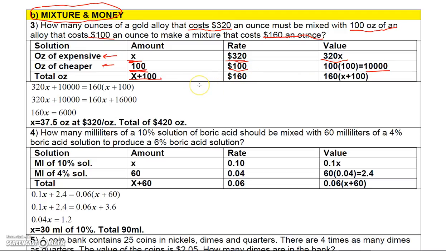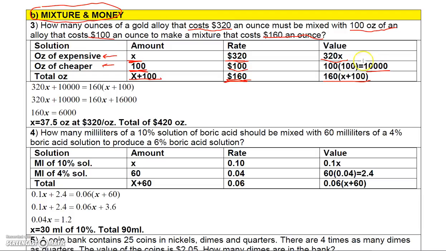And then after it's mixed together, we want it to cost $160 per ounce. So we want the total cost when we mix it, which is $160 times X plus 100 ounces.